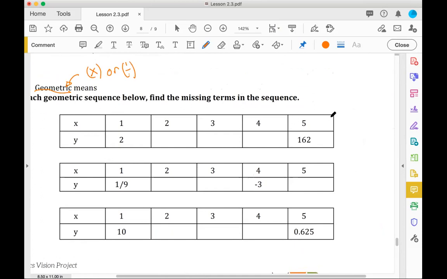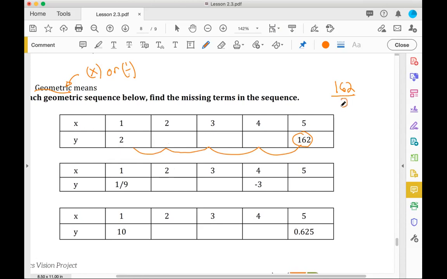So how we do this, we can take the final y value, which is 162, and we have to jump from 2 to 162 with, count them, 1, 2, 3, 4 moves. So that's saying that 2 has to multiply with something 4 times to get to 162.